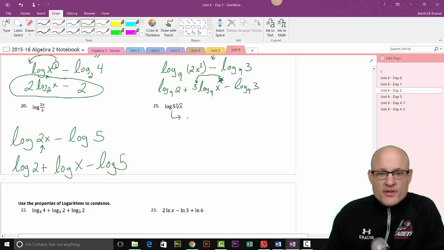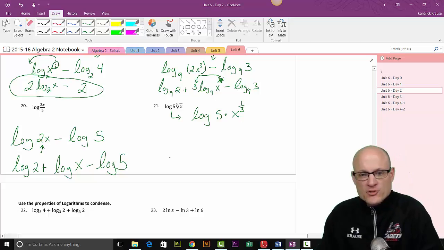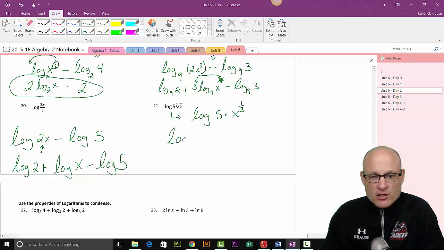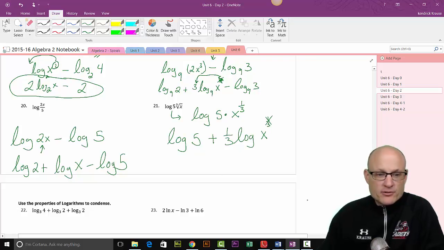So this is really the same as log of 5 times x to the 1/3 power. So I can rewrite this as log 5 plus log of x to the 1/3, but exponents come out front. And there's what that's equal to.